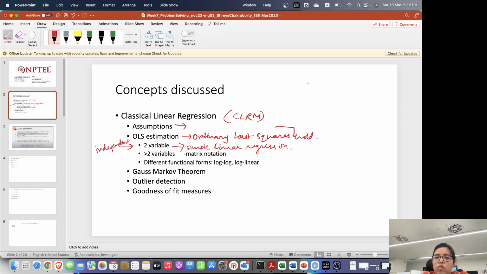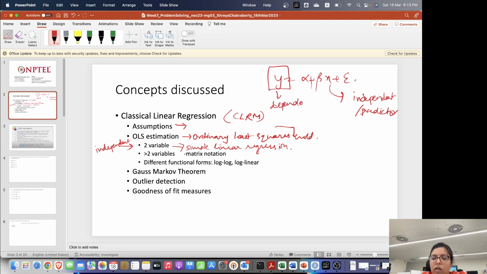Okay, so if I have a model y equal to alpha plus beta x plus epsilon, then x is my independent variable or predictor, and y will be my dependent variable, sometimes referred to as the response.